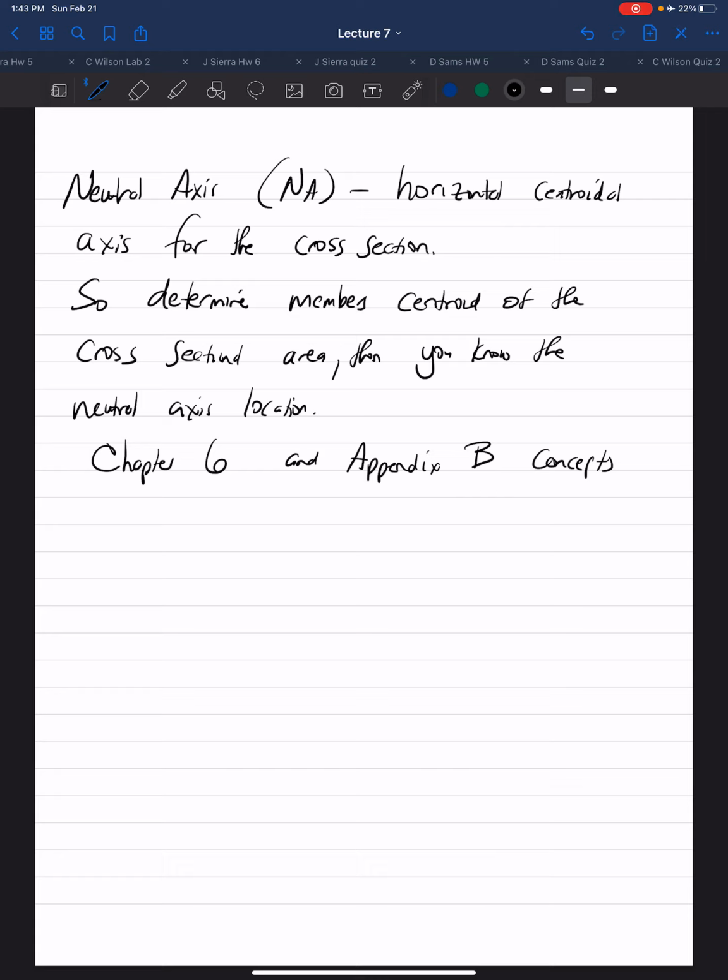So our flexure formula: sigma max equals the maximum normal stress in the member.